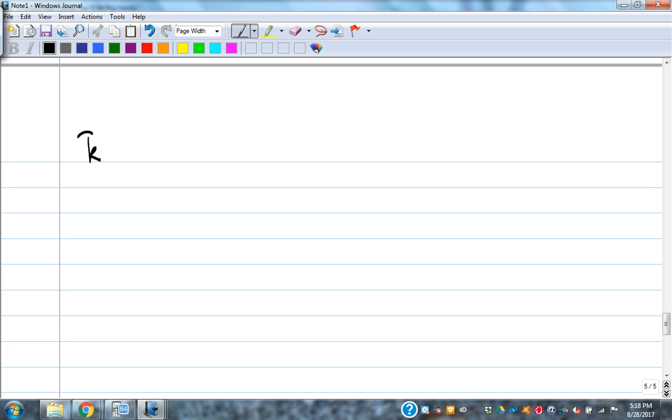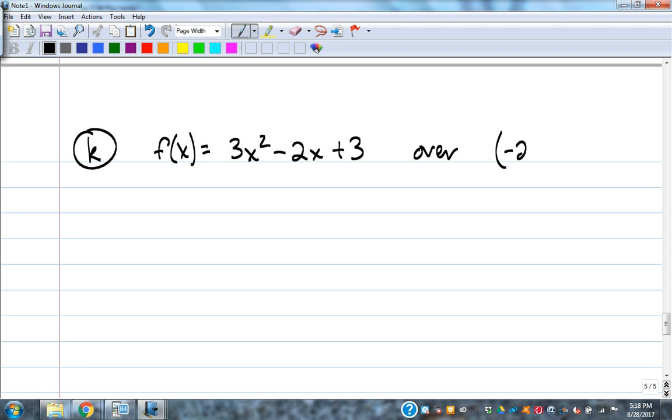Okay. Last example of the day, f of x equals 3x squared minus 2x plus 3 over the interval from -2 to +1. Find the secant line. So if we're going to find the secant line, what's the first thing we need to find?